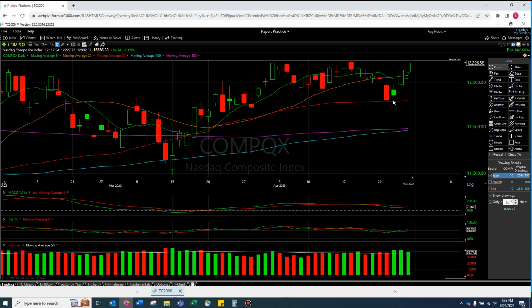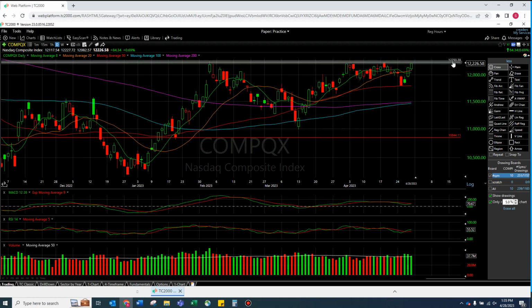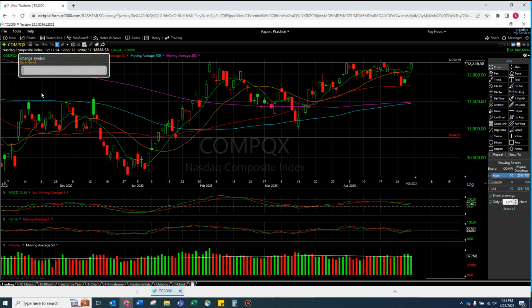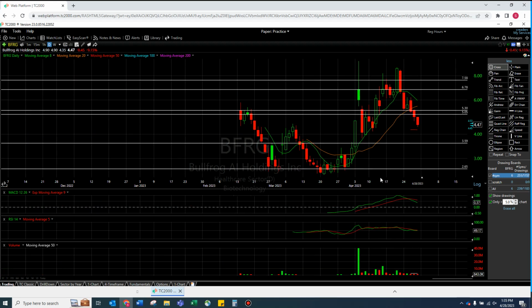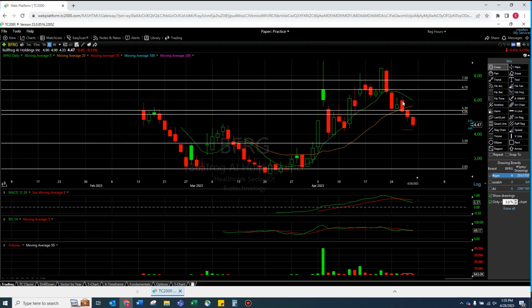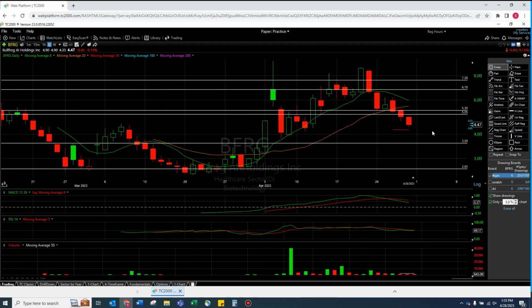I said if we can reattempt this 1225 and actually break it, I assumed AI was going to crack 34, and I thought Bullfrog would have gone into all-time highs. Guard Force would have still kept doing silly things. But I'm a little surprised that the AI stocks are doing this when the last 3 days were that on NASDAQ. So I think that is a really important thing to call out, okay?